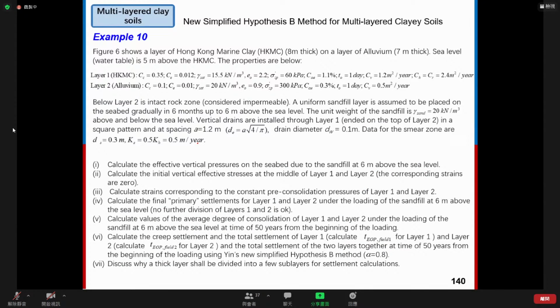In next week's tutorial, I will go through assignment 1 with you, for lecture 1. So today we just focus on example 10 first. Maybe I give you 8 minutes to go through the example question first.